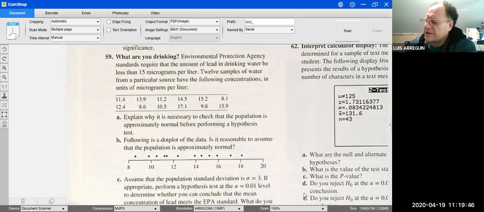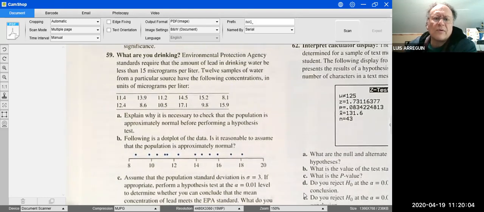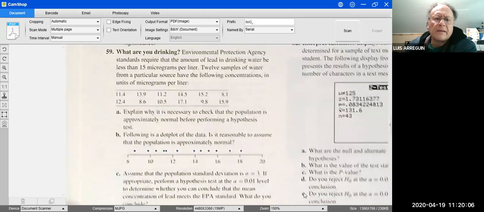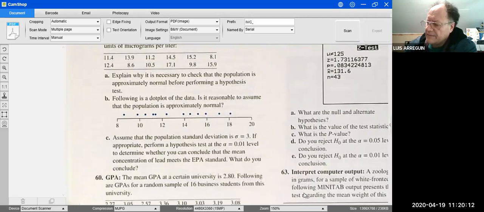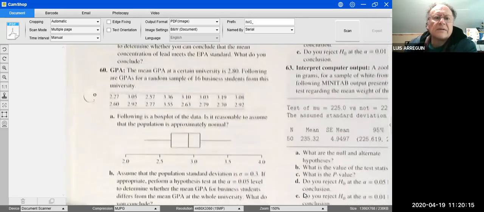You know how to get a histogram, and you can use qqnorm and qqline to determine normality. So in 59, the most important part is that you need to compute the mean of the data set, and you can create a graph by using a histogram, or you can check qqnorm and qqline for part B, and then for part C you're going to work on the test. And problem 60, the same thing.